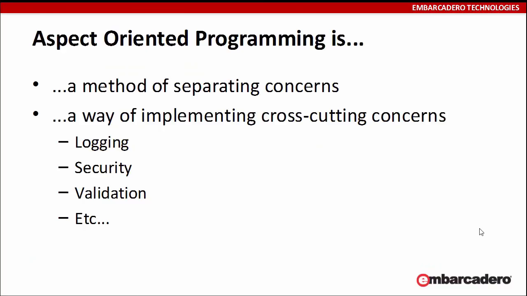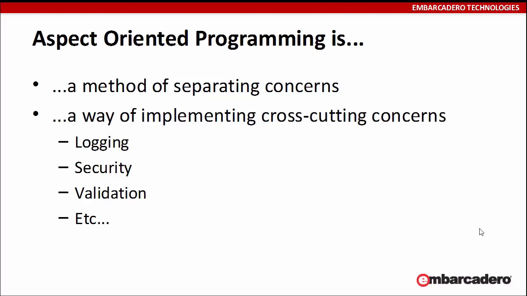Okay, so what is aspect-oriented programming? Well, it is a method of separating out concerns. Any good software developer knows that clean code involves the separation of concerns, and that's one of the things that aspect-oriented programming does. It's a way of implementing what is commonly called cross-cutting concerns, like logging, security, and validation, etc. Logging is a good example of something that can happen almost anywhere within your code, but that you don't want to include in every single class.